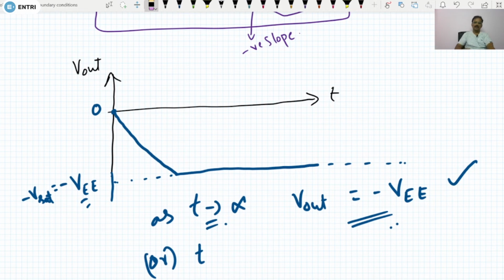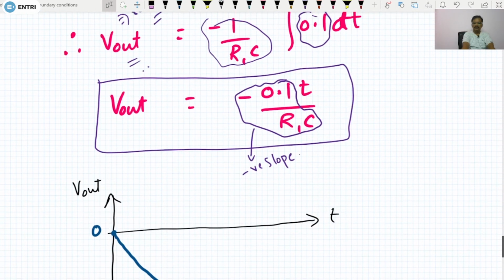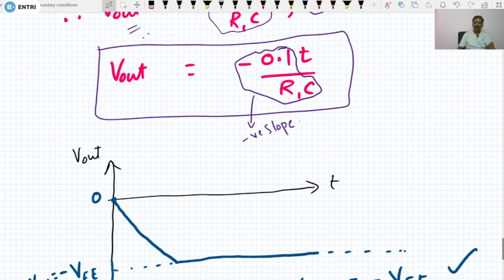So this is the general representation of the output voltage. Understood?